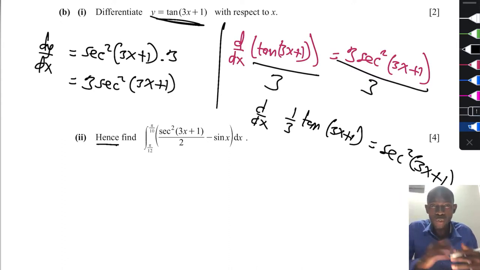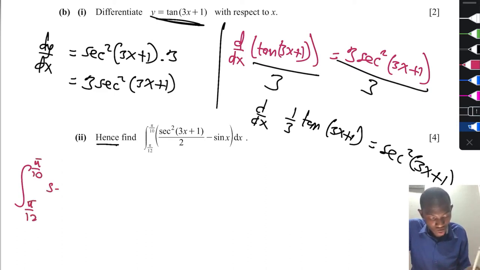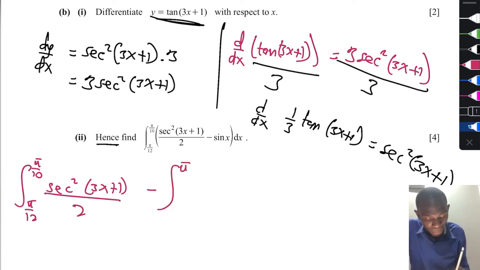Now, why am I doing this? Check this. If we come here and write the integral from pi over 12 of sec square (3x plus 1) over 2, minus, I'm going to split this, the integral over the same limits of negative sine x dx.